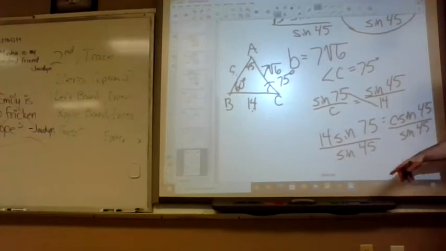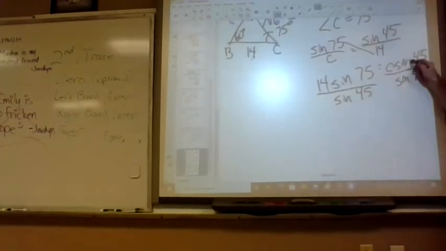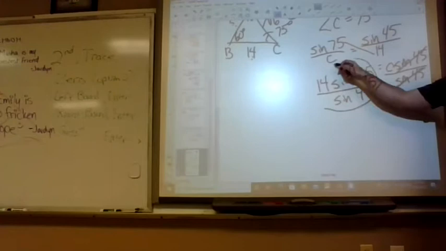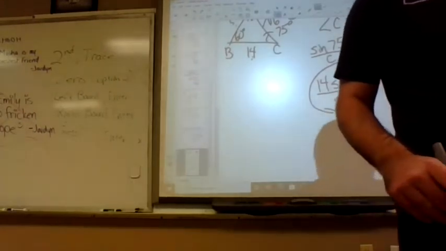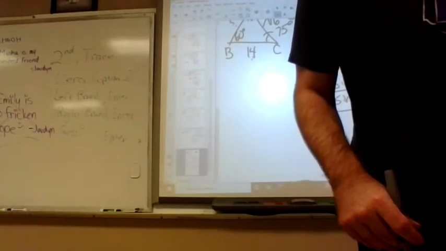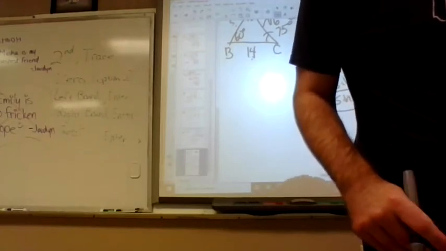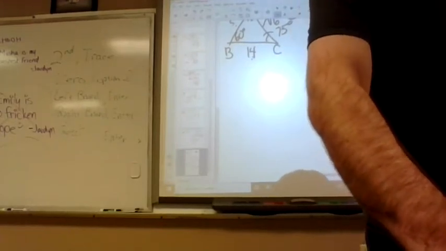So anyways, it would be whatever that is right there, whatever that equals in the calculator. Yeah. I got 7 square root of 3 plus 7. I got 7 plus 7 squared equals 2.